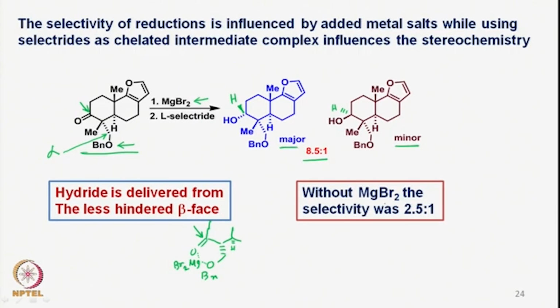As you can see, without magnesium bromide the selectivity was only 2.5:1. Therefore, one can expect that such chelation by an added extra Lewis acid type of molecule such as magnesium bromide makes a kind of chelated complex, which then directs the reactivity of the carbonyl group in such a way that the less hindered beta face is then open for the reduction to take place.